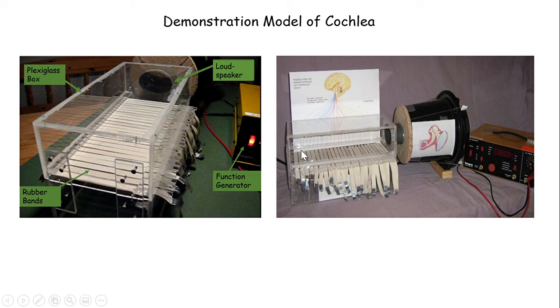So we have different sensors along the cochlea. There are 3,000 to 4,000 of these sensor cells along the cochlea. So each is connected with its unique nerve to the brain. So the brain is included here in the picture.